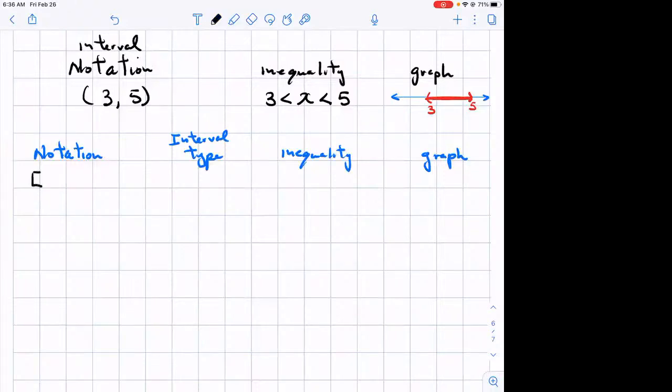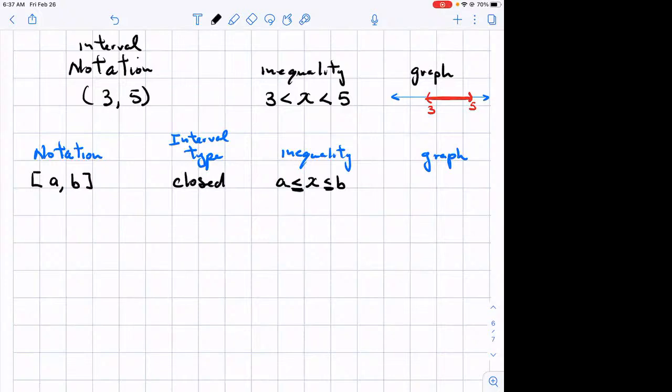If I have this notation, bracket a, comma b, this is called a closed interval. And for the inequality, we said x less than or equal to b, greater than or equal to a. Because it contains that equal there, it's closed.